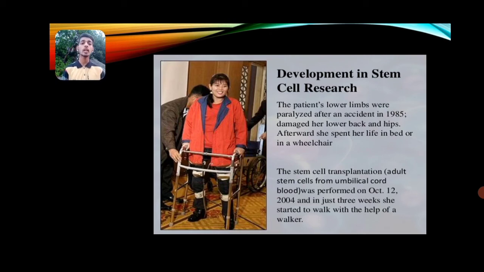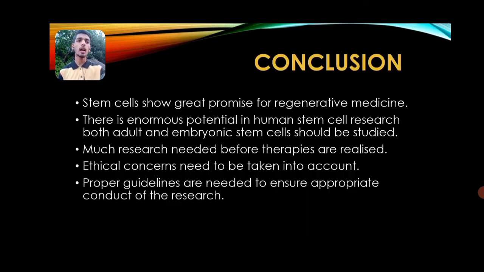So this is the historical fact in stem cell research. After that incident, continuous research was performed by researchers to know more about stem cell therapy. At the end, it shows great promise for regenerative medicine.